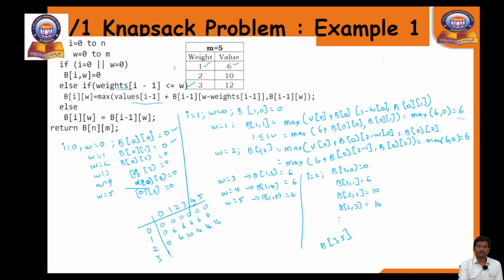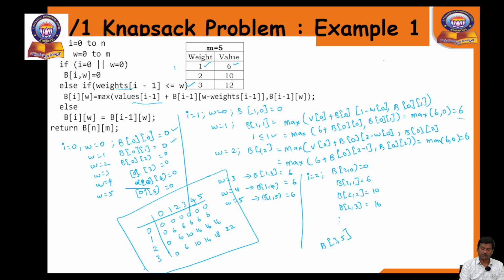If you replace the values, B of 3 0 equal to 0, 3 1 equal to 6, 3 2 equal to 10, 16, 18, and similarly 22. This is the respective final value that you get.